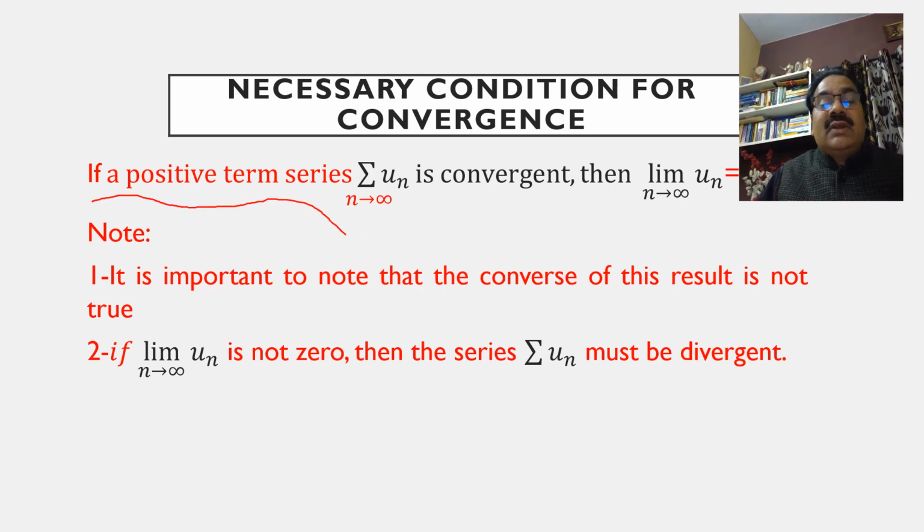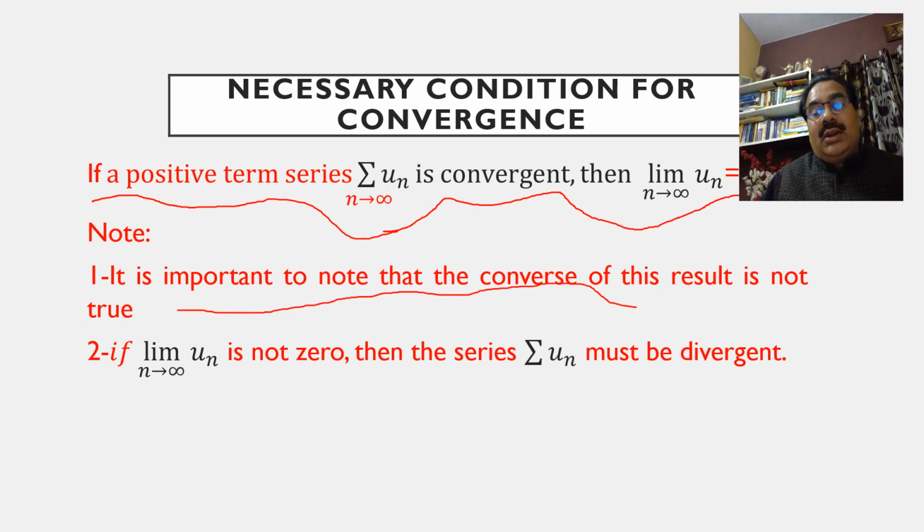If a positive term series summation of un is convergent, then limit n tends to infinity of un is 0. It is important to note that the converse of this result is not true. This is very important, and I want the students to establish this result. The converse of this theorem is not true.